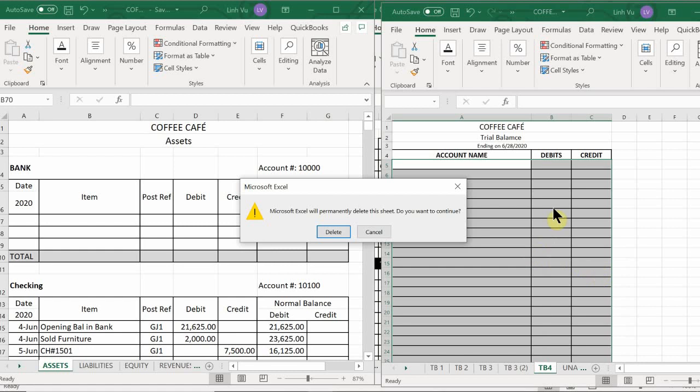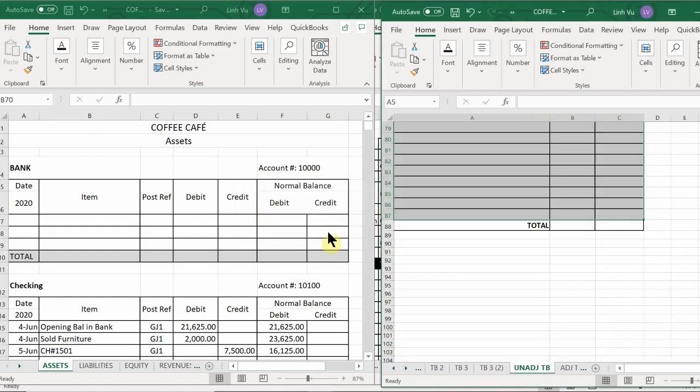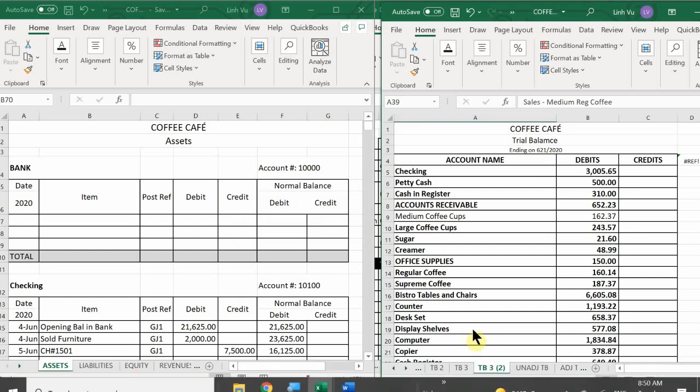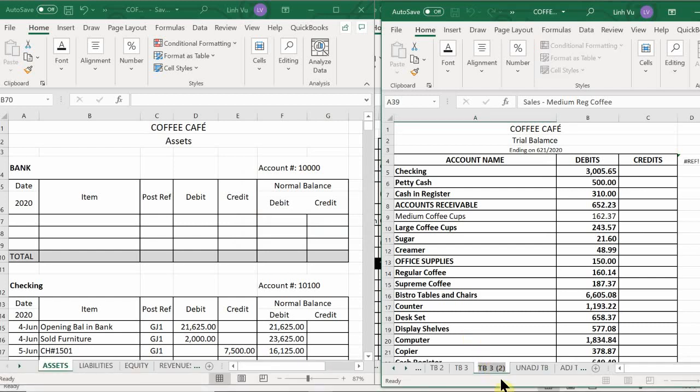So I'm going to delete my trial balance number 4. And now that it's gone, it asks me, are you sure? I'm going to double click on that little tab right there, and I'm going to change this to say trial balance number 4.